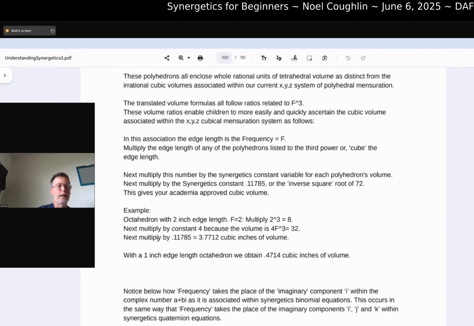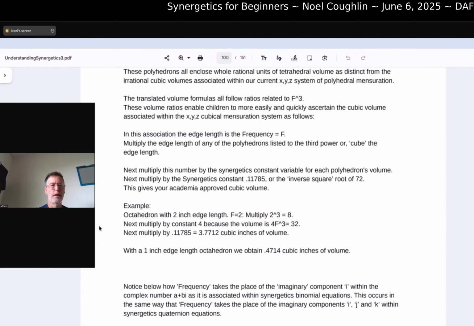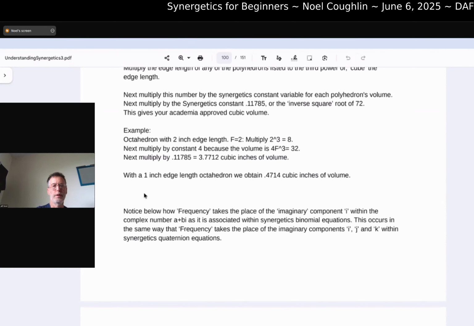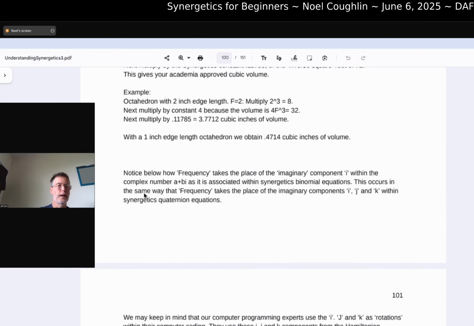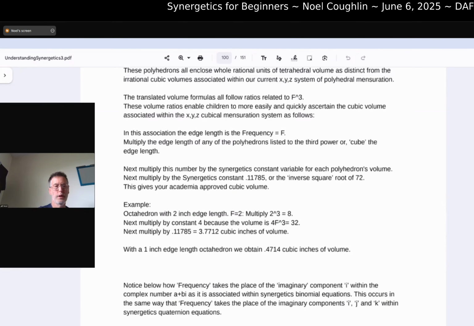Next, you multiply it by that Synergetics constant, 0.11785. And then you get 0.37712 cubic inches of volume. So those 3 steps, multiply the edge length to the third power, multiply it by 4, multiply it by 0.11785, saves you from having to do some more difficult to understand computations.